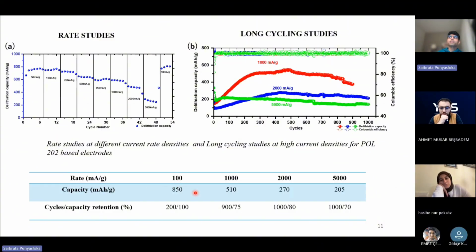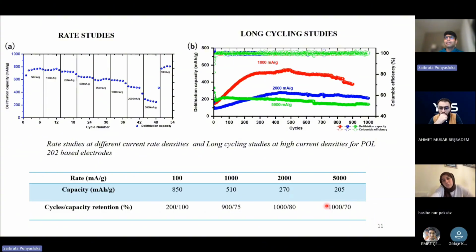The normal graphite, as we have heard, is 372 mAh per gram at 1 C. But this is 850, and even at 5,000, which is more than 10 times that of graphite.